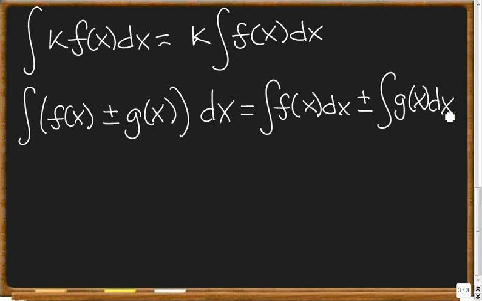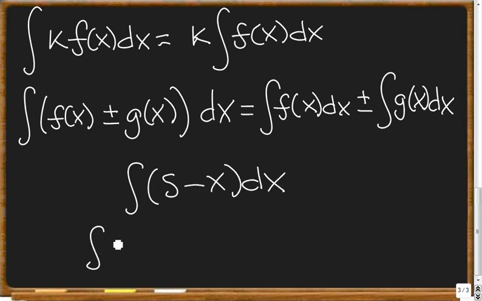So we can split things up. Just a quick example of that: if you had the integral of 5 minus x, that's the same thing as the integral of 5 minus the integral of x. Not that that is what you necessarily want to do, but the idea is that you can do that, and it makes things easier to work with oftentimes.